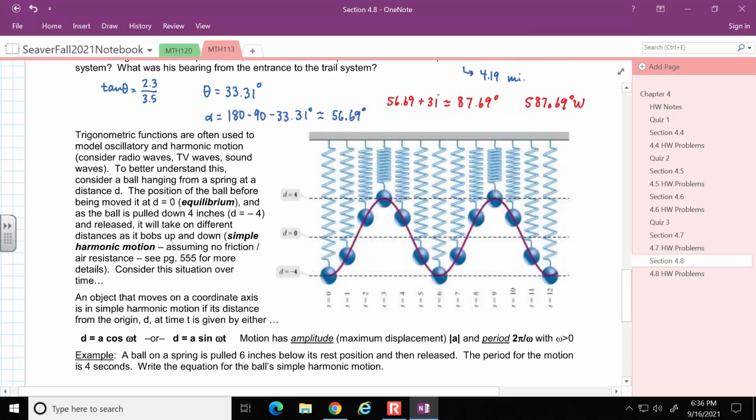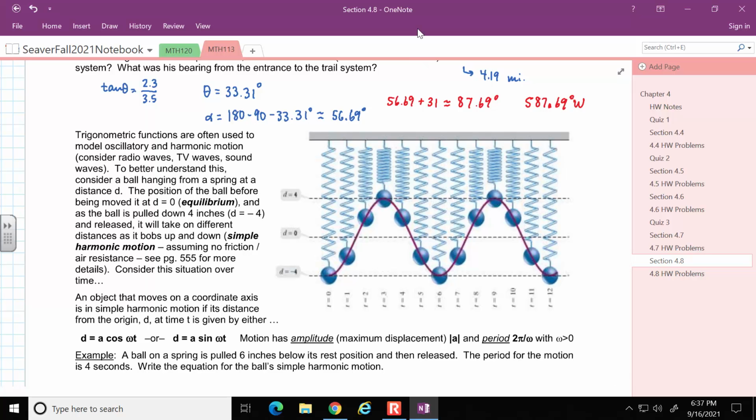But really, trigonometric functions are periodic functions because they repeat after a period, right? We talked about the periodicity, and it's 2 pi over b. The period of a given tangent function is pi, right? Sine and cosine is 2 pi. It repeats after that.